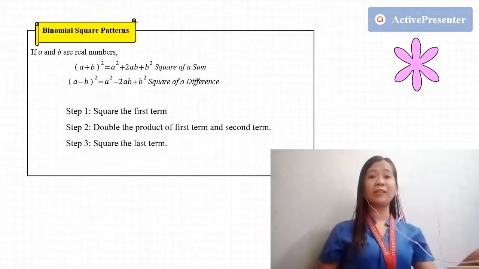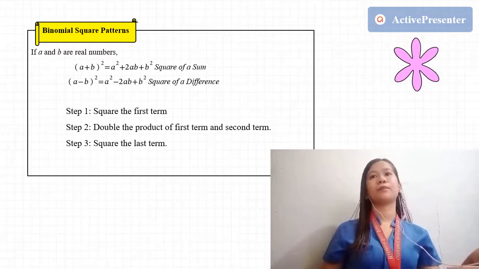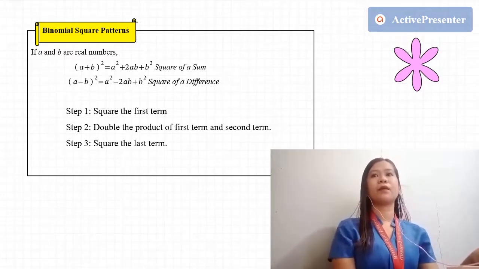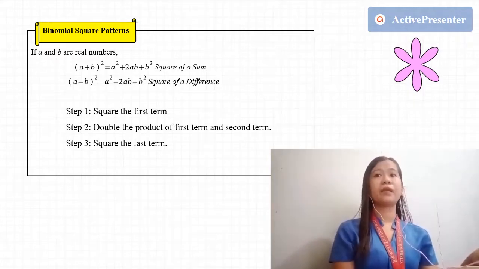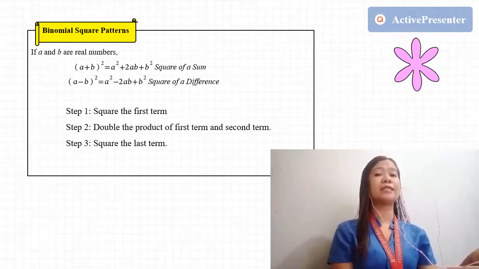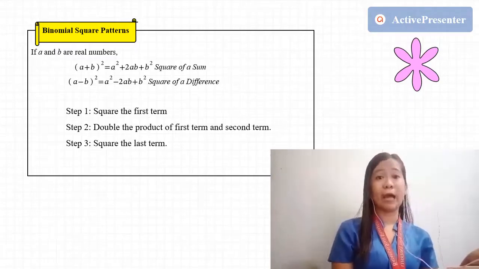For the reminders, here is the squared binomial pattern. If a and b are real numbers, we have (a plus b) squared is equal to a squared plus 2ab plus b squared. This is the square of a sum.